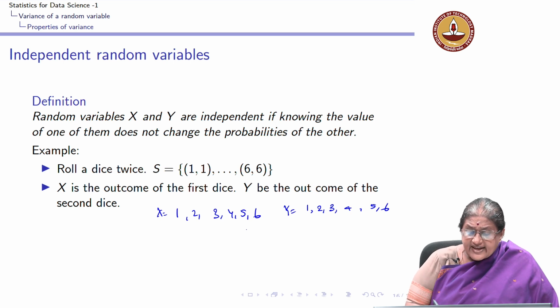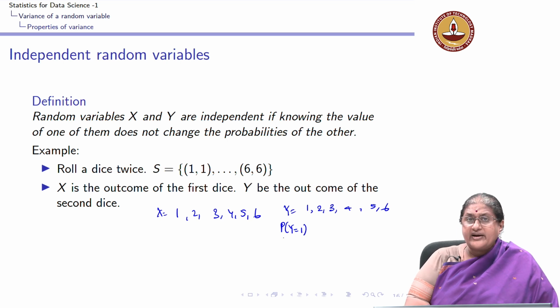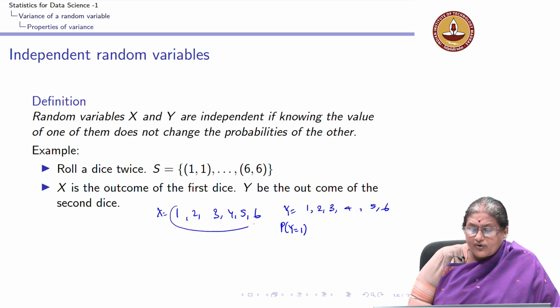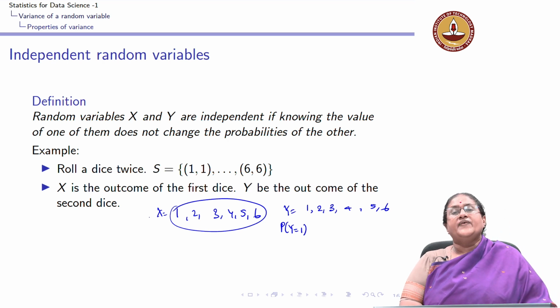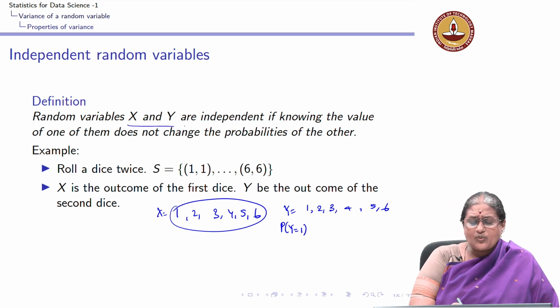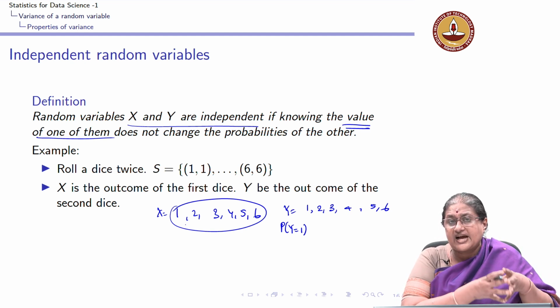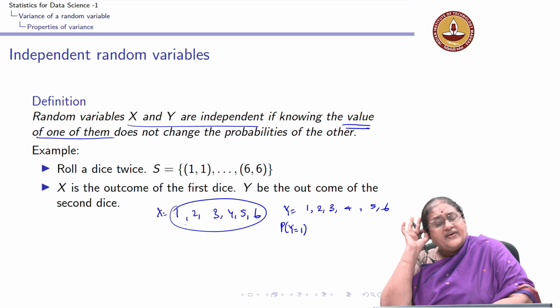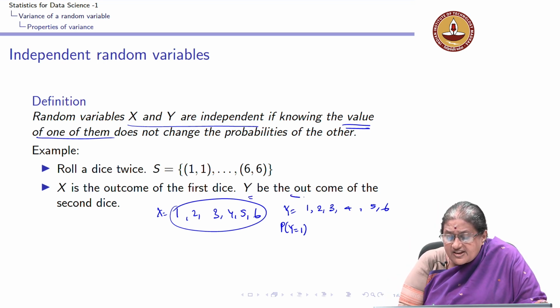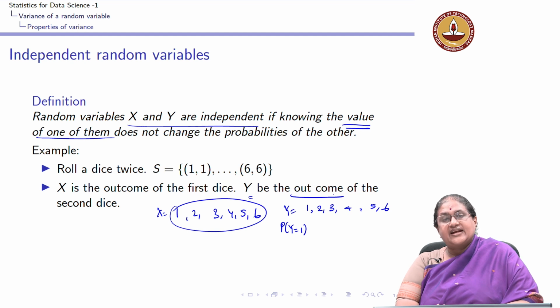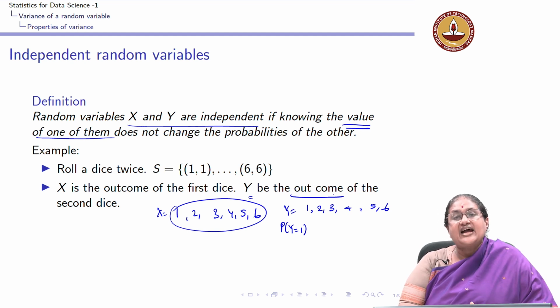Now, the probability of y taking the value 1 is independent of what was the outcome of x. So, x and y are independent because the outcome of the first die does not impact the outcome of the second, where y is defined as the outcome of the second die. Hence, x and y are independent random variables.